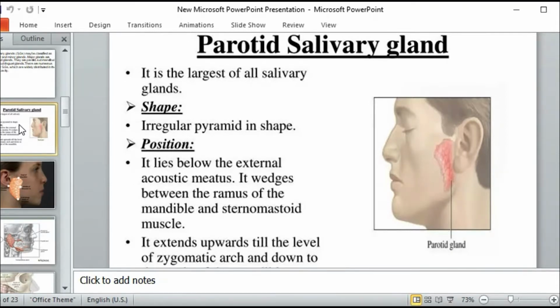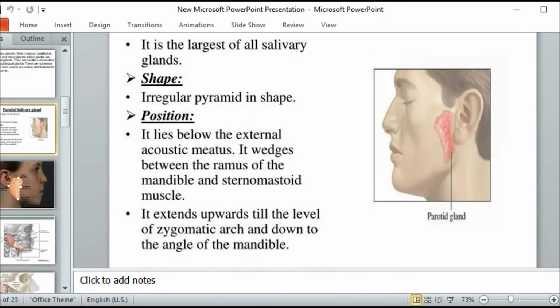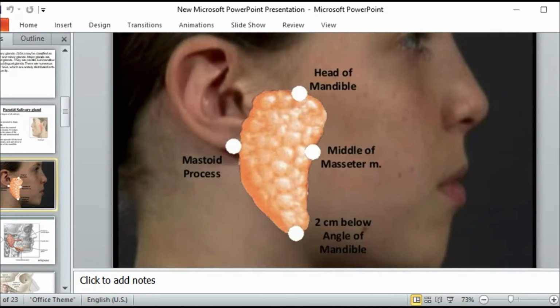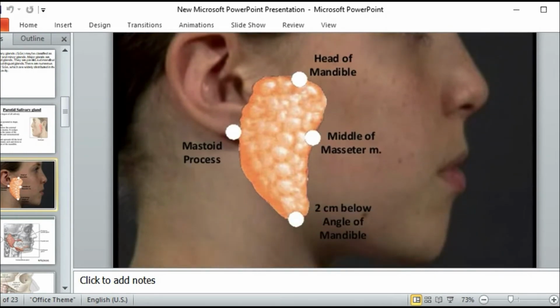It wedges between the ramus of the mandible and the sternomastoid muscle. It extends upwards to the level of the zygomatic arch and down to the angle of the mandible. So this is the shape of the parotid gland, as you see, an irregular triangular shape.